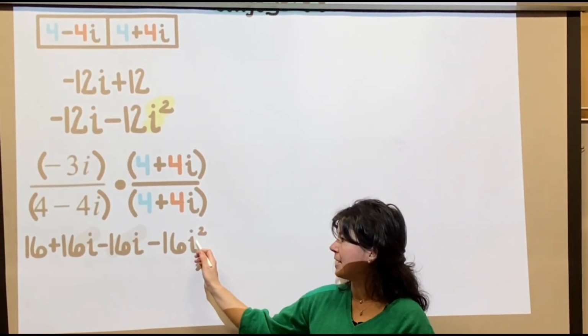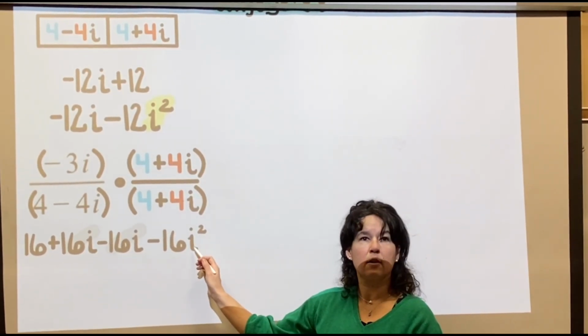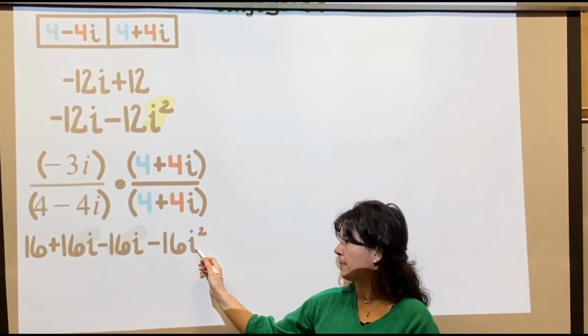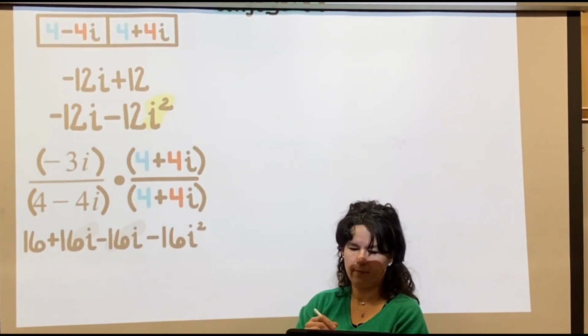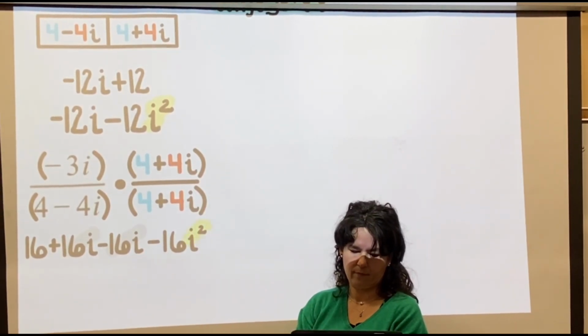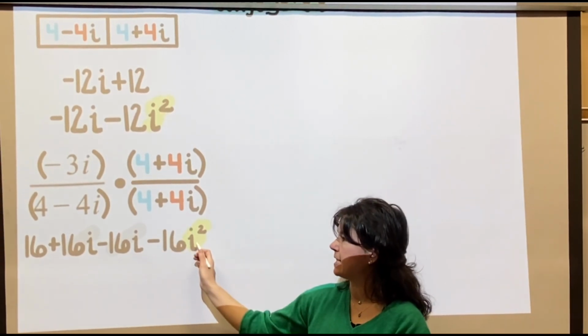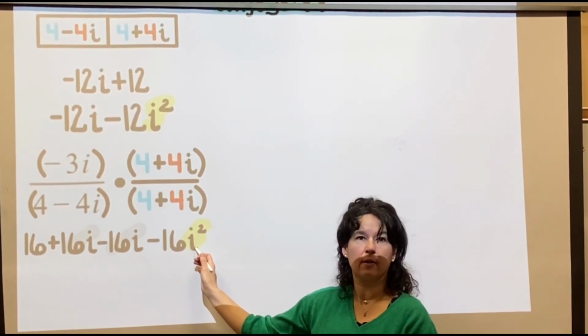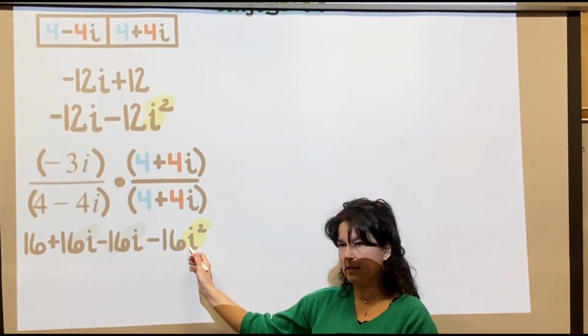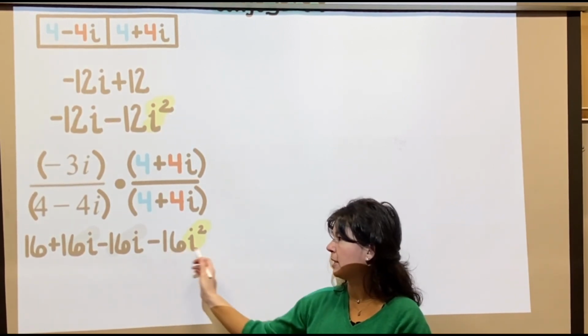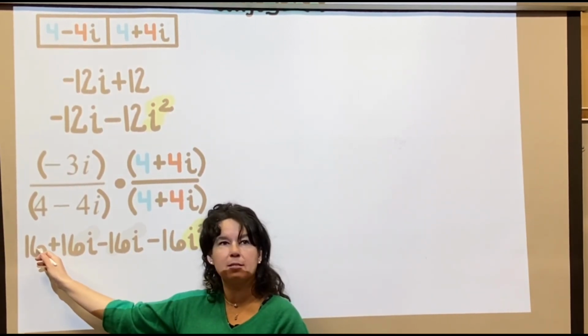All right, then that i squared is negative 1. So negative 16 times negative 1 is plus 16. So I have a plus 16, and out front I have a plus 16.